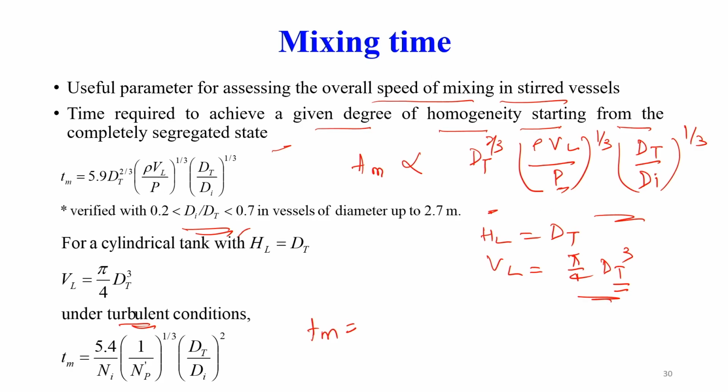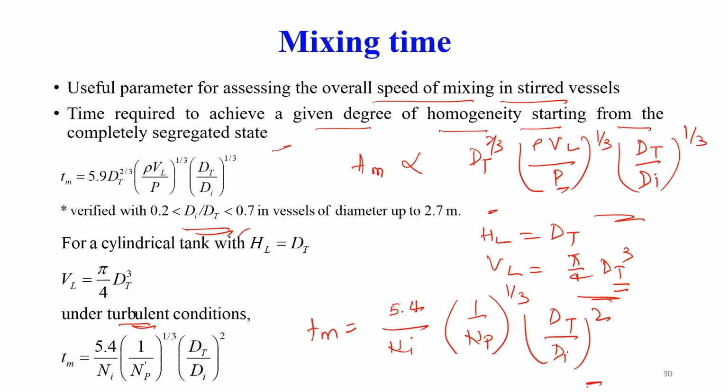Then this term will come out to be 5.4 divided by Ni, the impeller speed, 1 upon Np, the power number, to the power 1 by 3, and dt upon di whole square. So this is a very simple correlation we end up with, particularly for the turbulent zone.